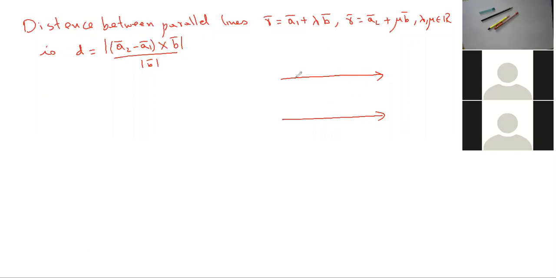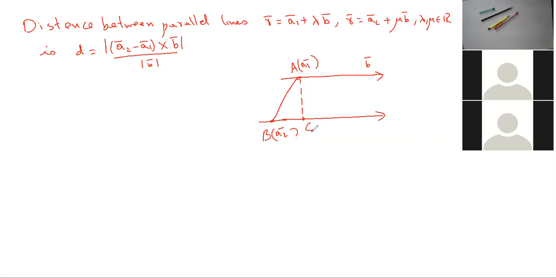Suppose this is A1 bar, and this is B bar, and suppose this is A2 bar. So this is the line joining those two. But when you want the perpendicular distance between them, that is this. When given two points, the two points can be anywhere, but you want the perpendicular distance between them. Let us call this C.